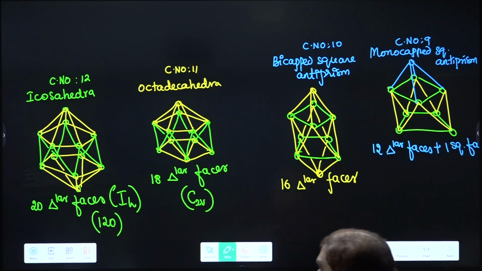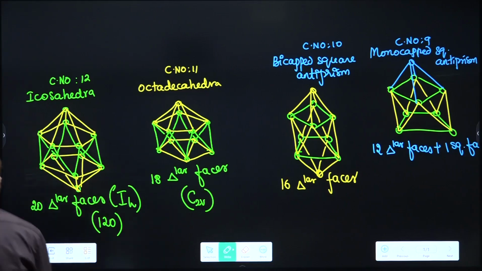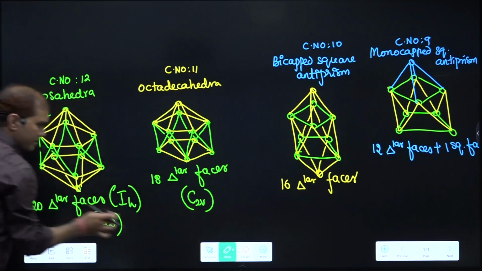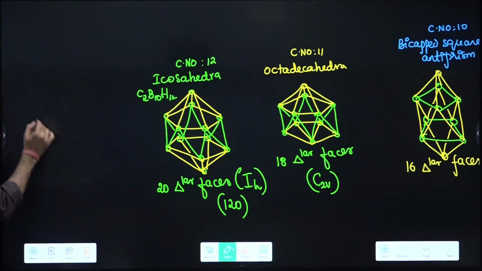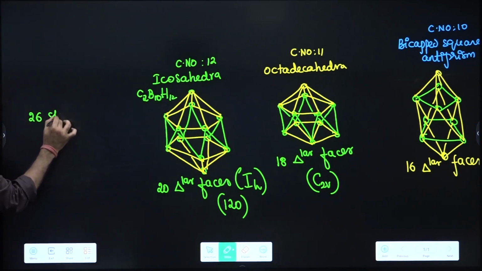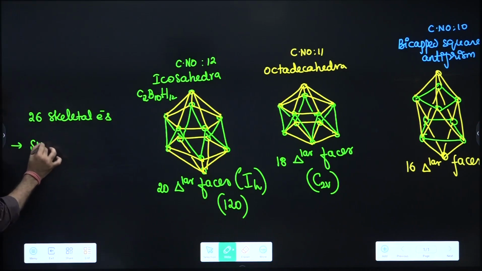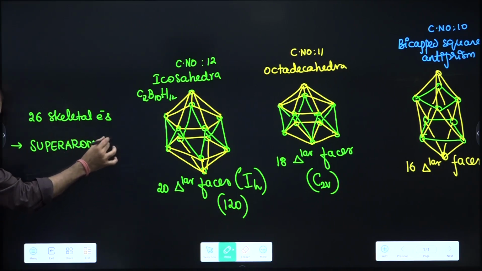Okay. Note down an example for icosahedra. Example is C2B10H12.